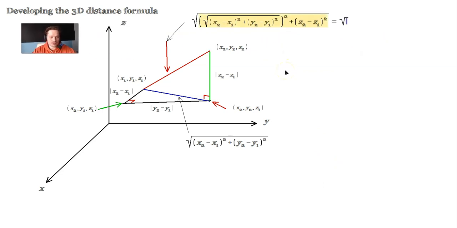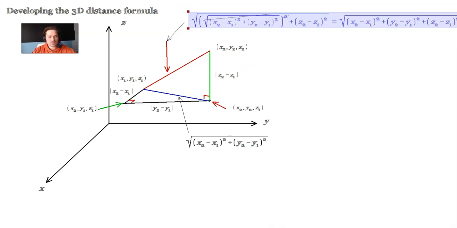So it's going to be the square root. Look under the giant square root, so to speak. See, this 2 right there will cancel with that square root right there, because they're opposites, which means all that will be left over is the following then. x sub 2 minus x sub 1, this quantity will be squared, plus y sub 2 minus y sub 1, this quantity will be squared, plus z sub 2 minus z sub 1, and this quantity will also be squared.